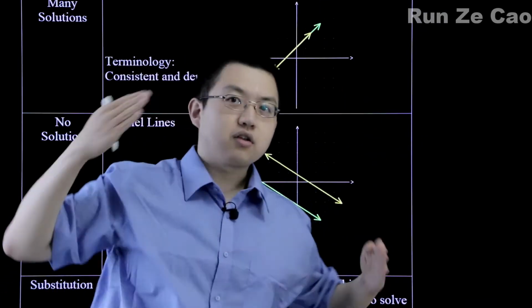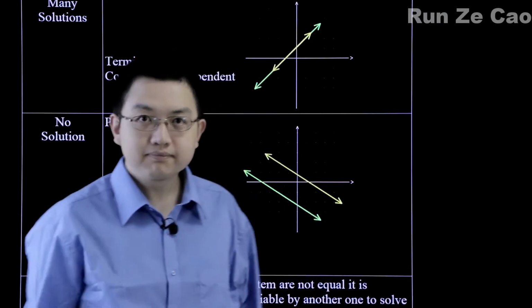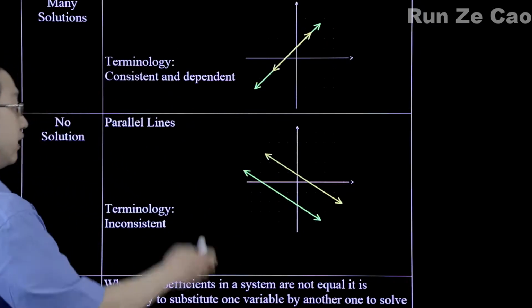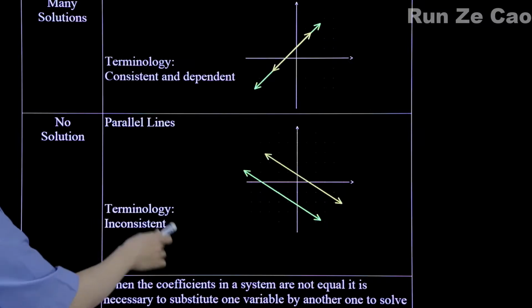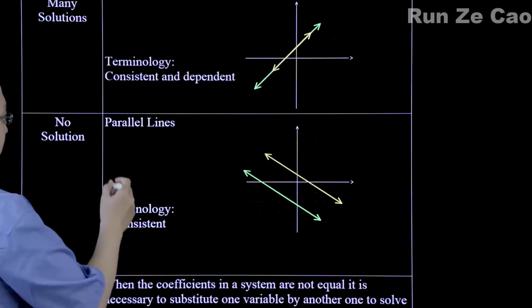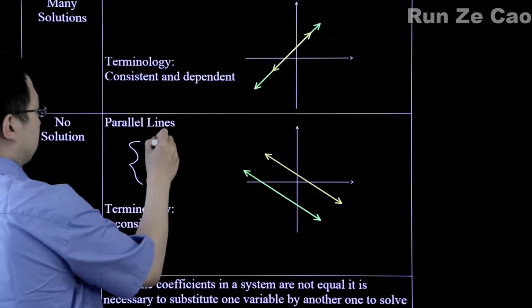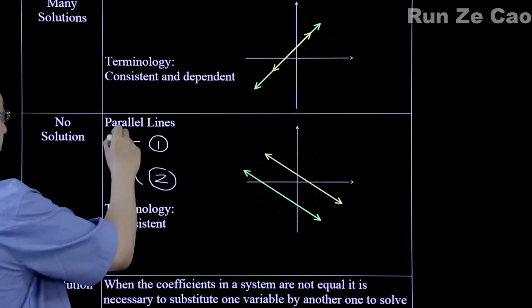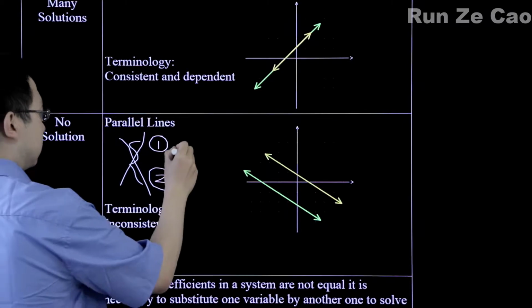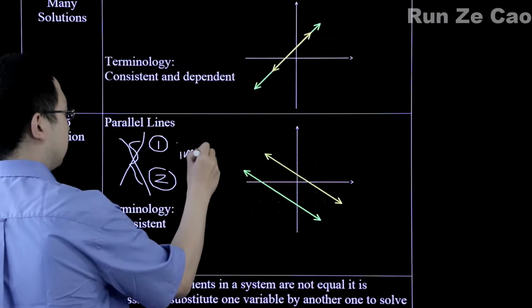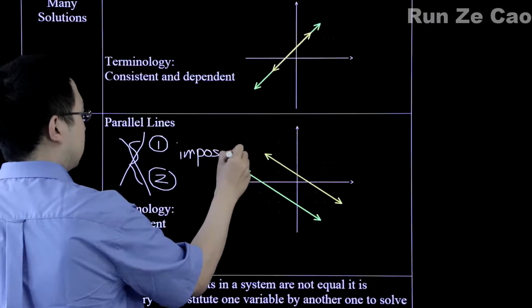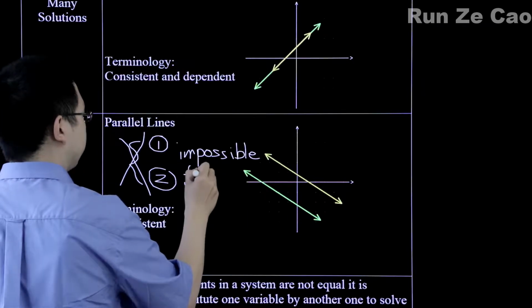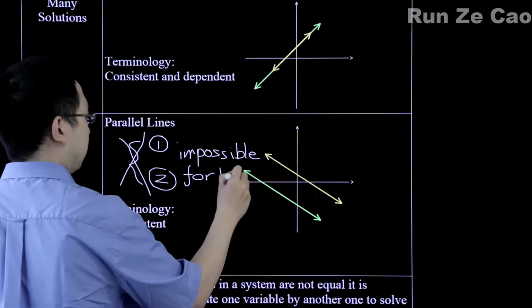They never cross, but they're not parallel. As you add more dimensions, it gets more complicated, but for now, why is this inconsistent? It means that, whatever your number 1 is and number 2, it is impossible for both to be true at once.